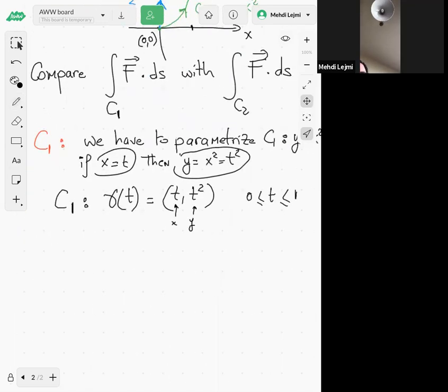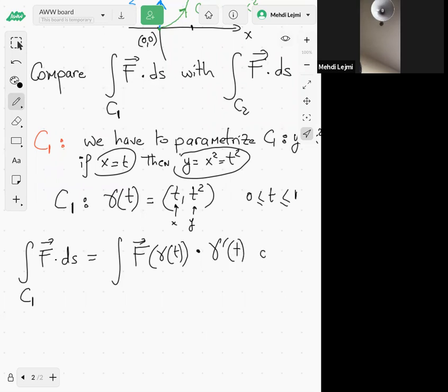So if you want to compute this vector line integral along C1, f dot ds, that will be equal to the integral of f of gamma of t scalar product with gamma prime of t dt, with t from 0 to 1. So what's f? f is just equal to (xy), right?